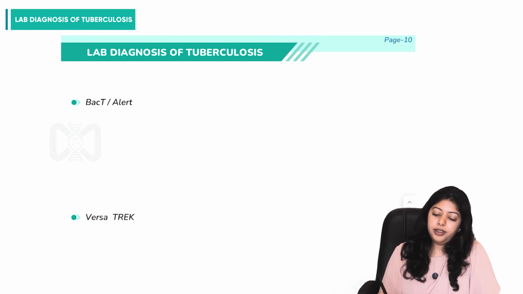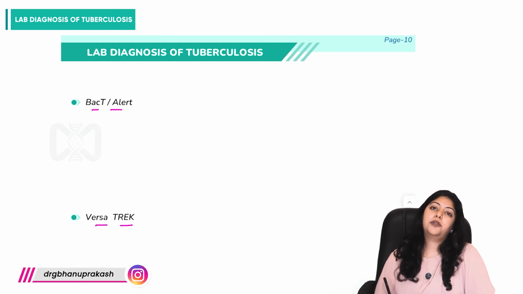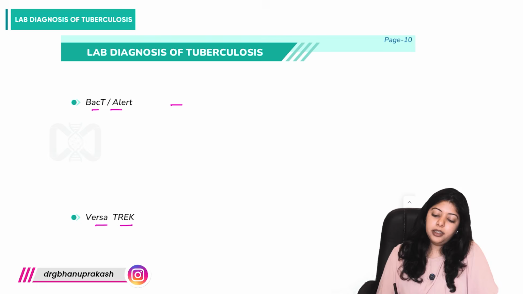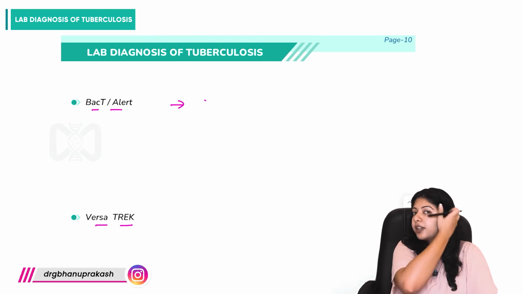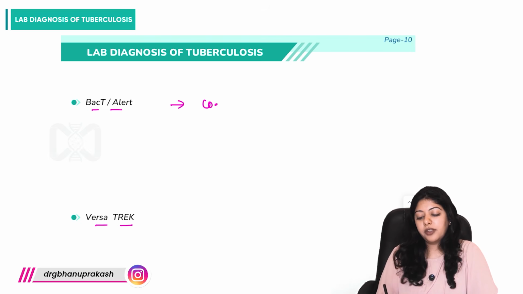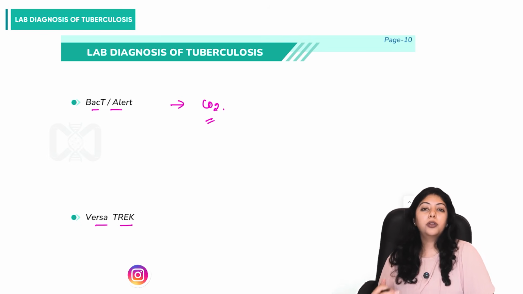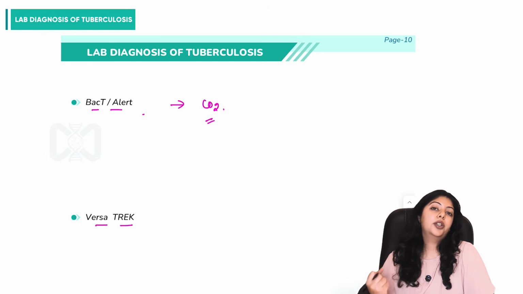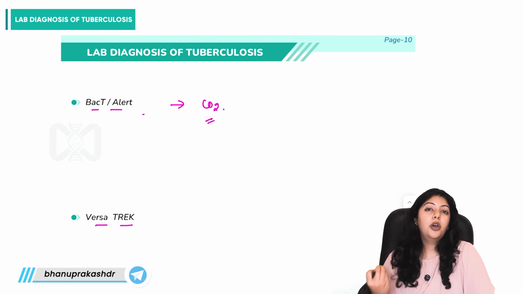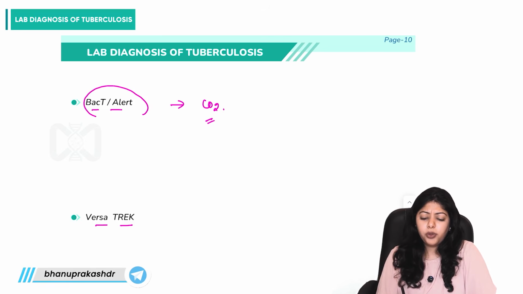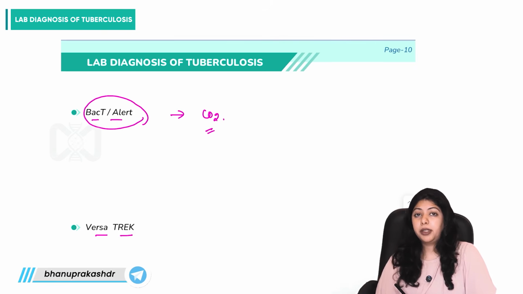Similarly, we have other tests as well. One uses the detection of carbon dioxide which is released, and this is also done with the help of fluorescent material and LED light. It somehow allows the fluorescence to appear, and it is majorly based on the utilization of carbon dioxide.